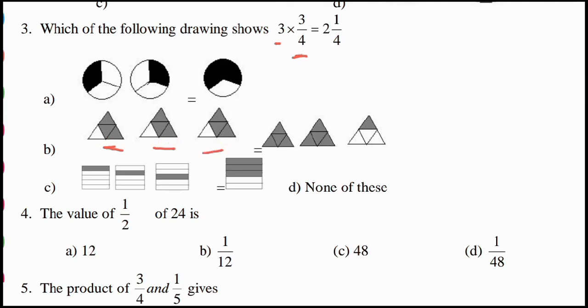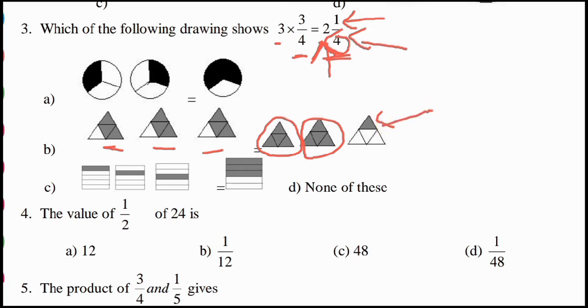So this figure is 3 times and is equal to 2 integer 1 upon 4. That means 2 figures are completely shaded because 2 is the integer and then the fraction part is 1 upon 4. That means total parts should be 4, and out of these 4 parts, 1 part should be shaded. So this figure is of 1 upon 4 and these 2 figures are there. So now the answer is B.